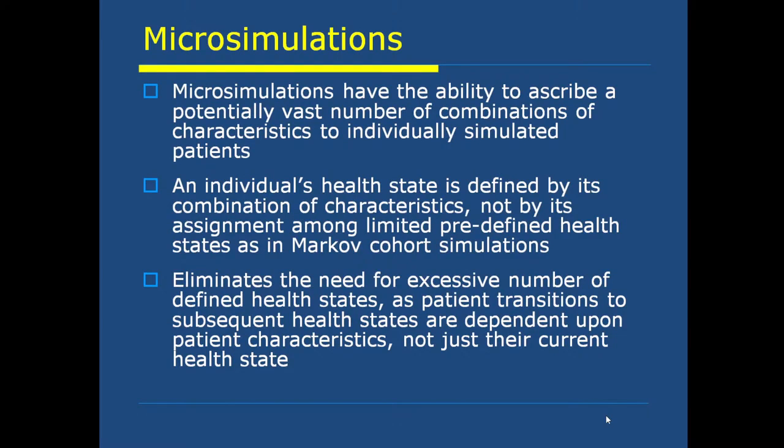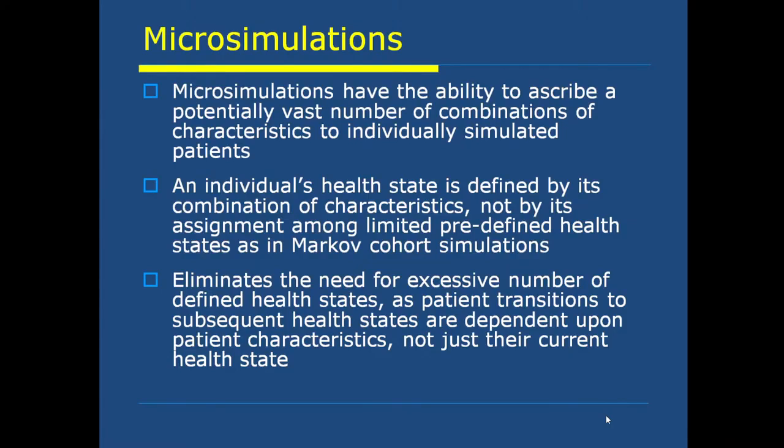Microsimulations have the ability to ascribe a potentially vast number of characteristics to individually simulated patients. An individual's health state is defined by its combination of characteristics, not by its assignment among limited predefined health states, as in Markov cohort simulation.